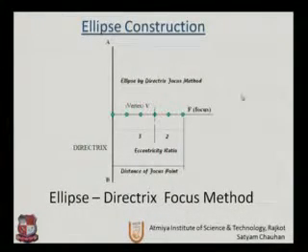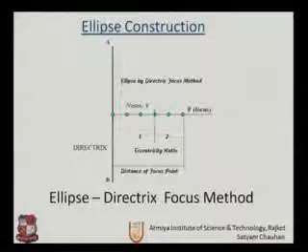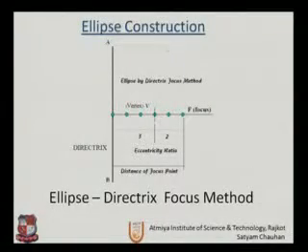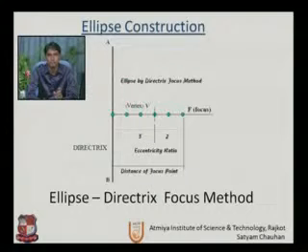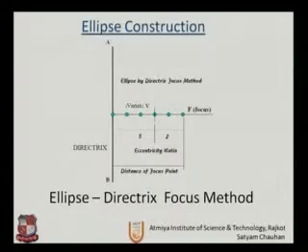Another method of constructing an ellipse, the main method, is called the focus directrix method. In this construction we need to understand one terminology, which is called eccentricity. Eccentricity is the ratio of the distance between the point on the curve and the focus to the distance between the point on the curve and the directrix.